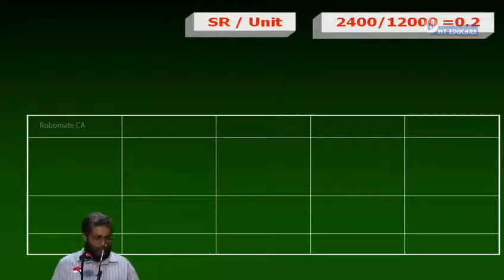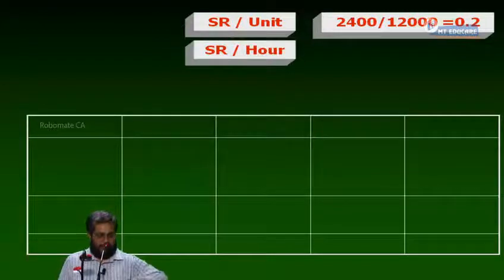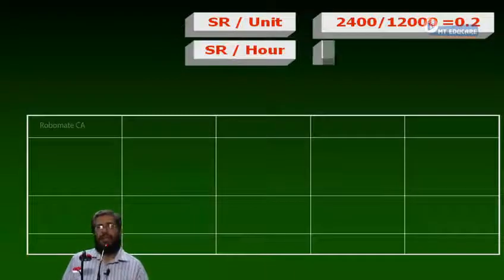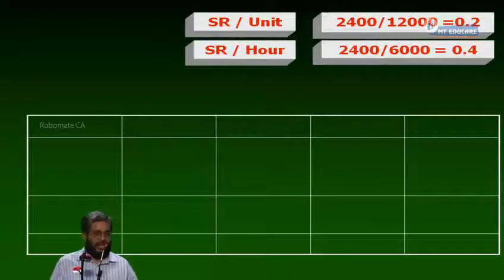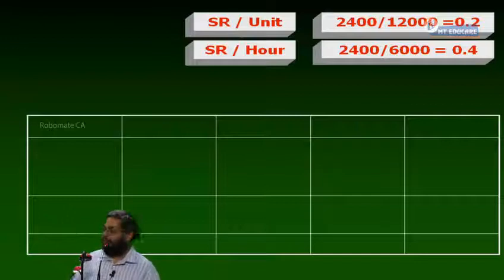SR per hour is equal to BFO by BH. 2,400 divided by 6,000 is equal to 0.4 per hour.